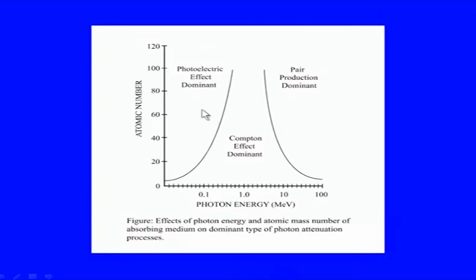Low energy gamma rays will show the photoelectric effect. The medium energy gamma rays will show the Compton effect dominantly, and the high energy gamma rays will show pair production here. So, you have three kinds of effects of gamma radiation which are shown here, and it summarizes the whole interaction very well.